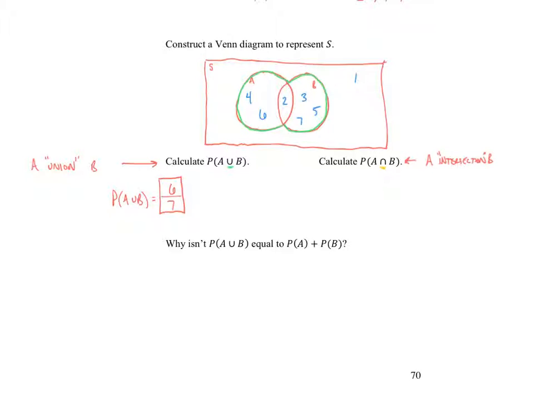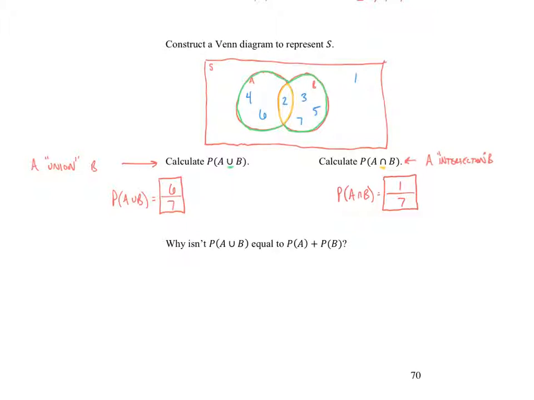So we want something that's in both, right? Well, where will we find something that's in both set A and set B? You'll always find those things right here in this overlap. Those are the pieces that are in both set A and set B. So if I want to know the probability of picking an element of set A that is also in set B, I still have my total number of possible outcomes that has not changed, 7. And of those 7, there's only one of those elements that is in both.